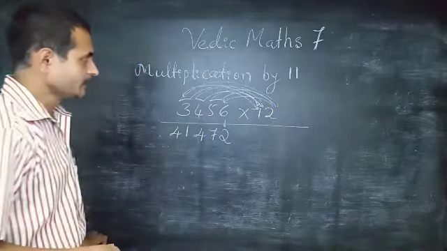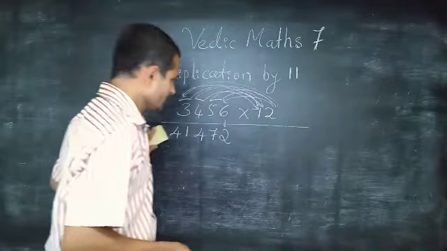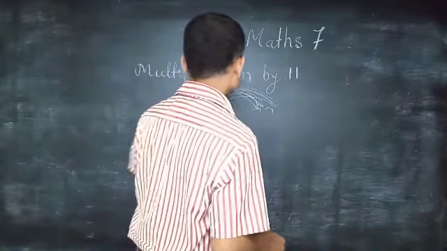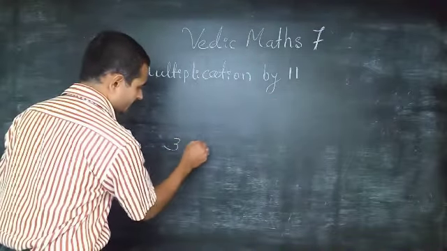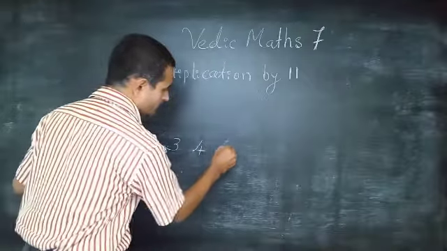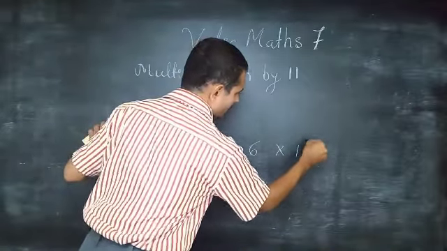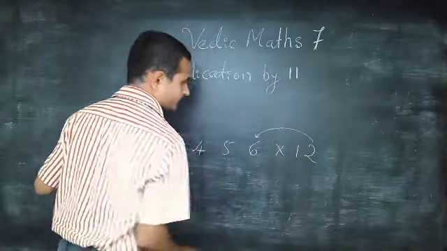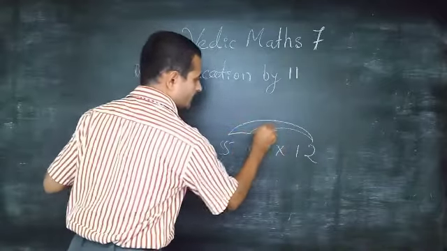You are not recognizing all the digits, correct? For which I give another idea. For practicing, take 3, 4, 5, 6 into 12. First I did this. Second step, I did this and I went to this.